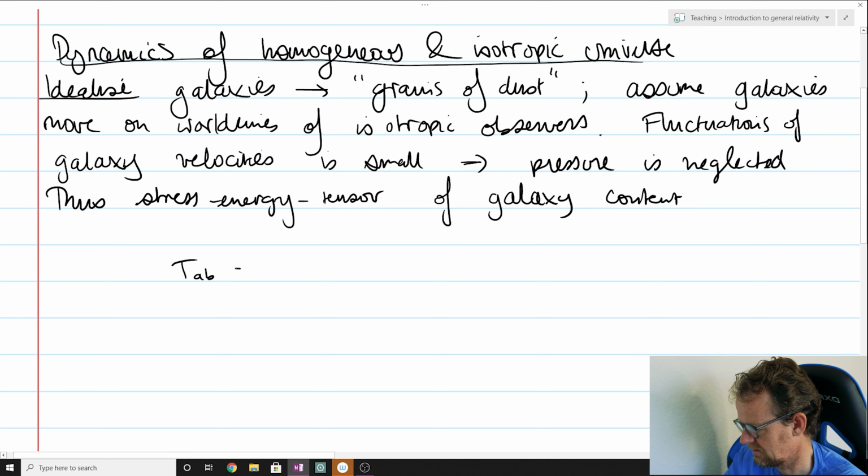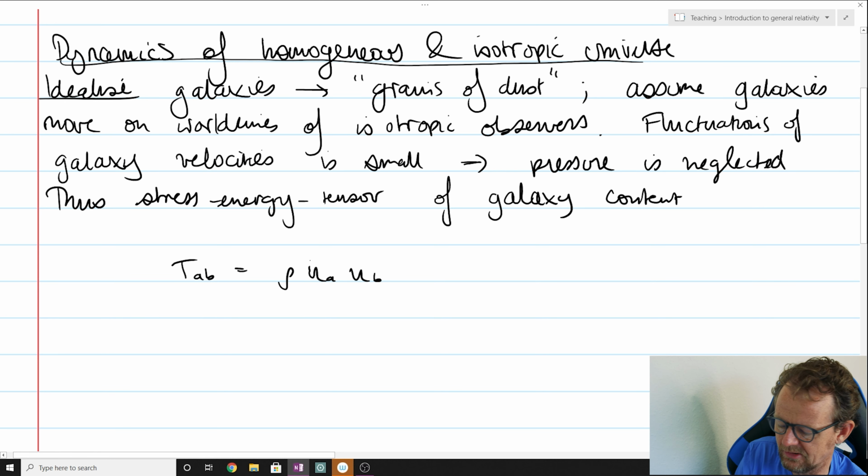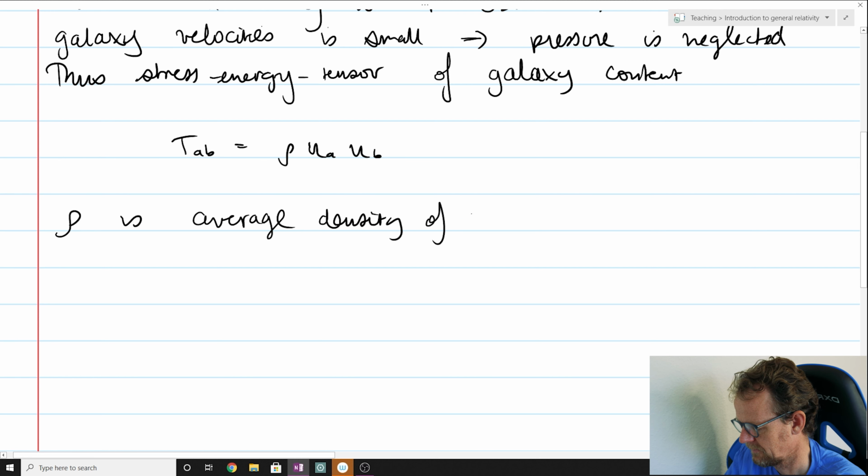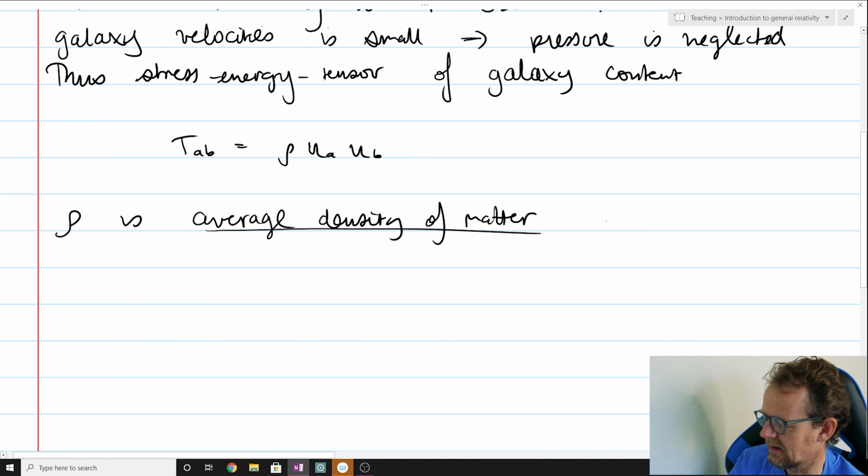We just take the matter to move on the world lines of isotropic observers. Easy. Where rho, of course, is the average density. So you smear out the galaxies until they're a homogeneous soup.